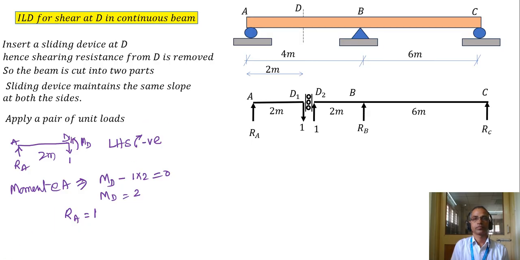what can we find, taking the right portion of the beam, which is D2, this is D2, and this is B, and this is C. We have RC, RB, and I have a force equal to 1 and an applied moment equal to 2, and this beam has 2 meter and this is 6 meter.